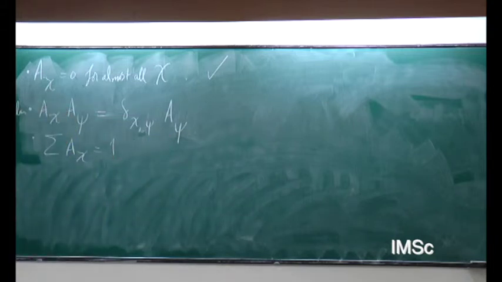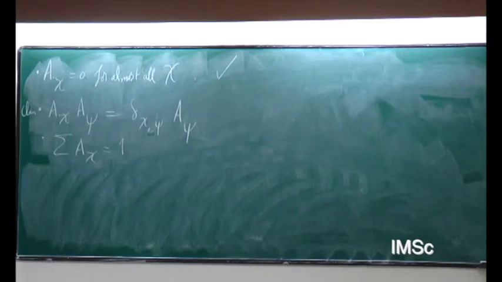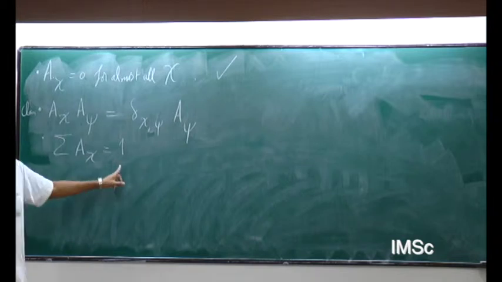Remember, something is called a projection if p squared equals p. So this is an endomorphism or an n cross n matrix, if you wish, whose square is itself. So it's a projection. They are orthogonal, and their sum is 1.